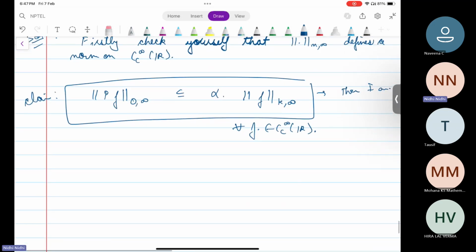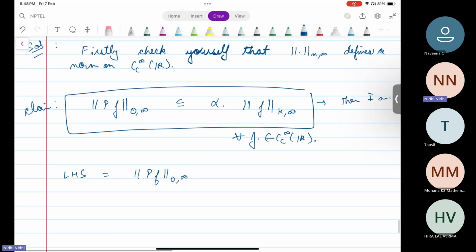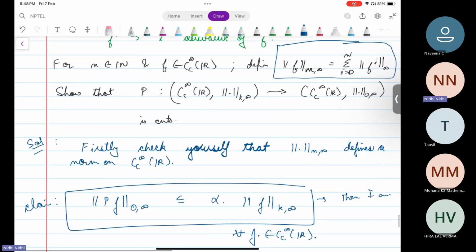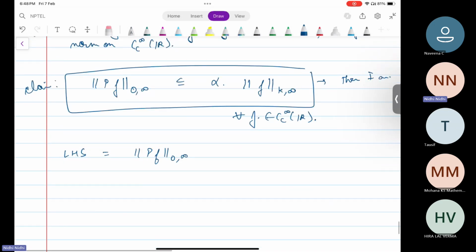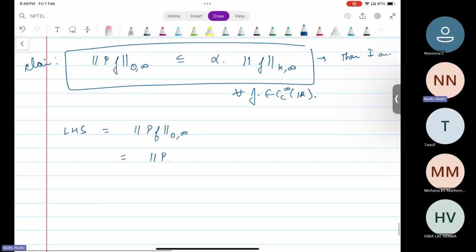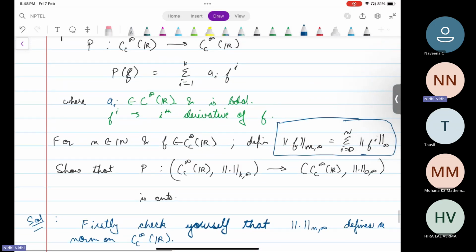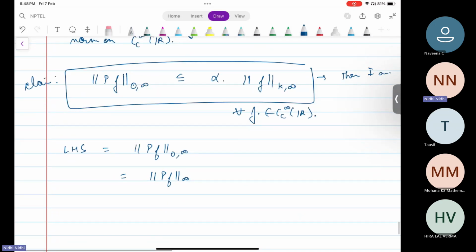So now let's start with the LHS. Here, by 0 infinity we mean that in this summation we have just the first term, the 0th derivative. That means just the supremum norm of Pf. Now what is Pf? Pf is summation i from 1 to k of ai times the ith derivative of f.